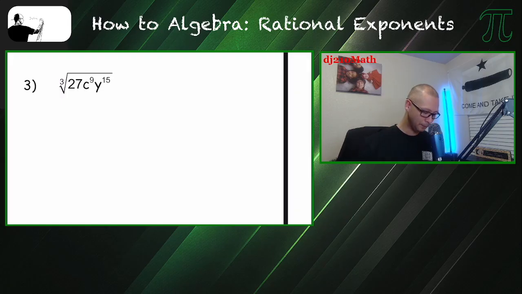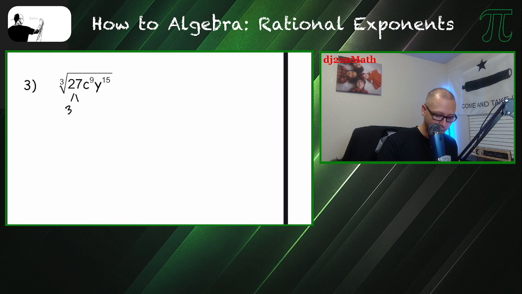Let's see another example. The cubed root of 27, c to the 9th, y to the 15th power. Okay, so breaking down the number, we're going to get 3 and 9, and 9 is 3 and 3. So again, group of 3, because it's a cubed root, I can pull out a single 3.